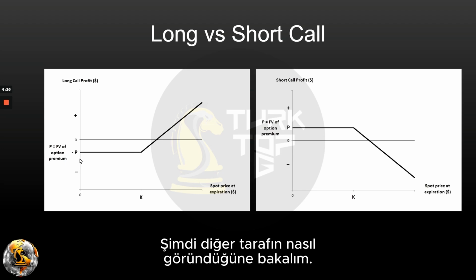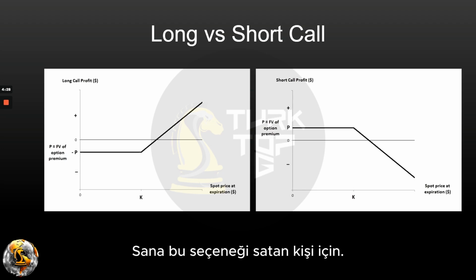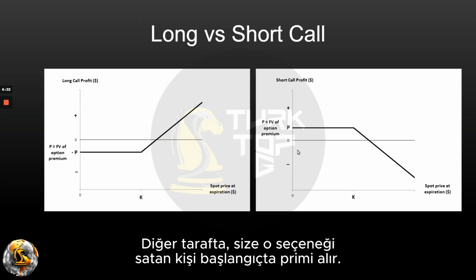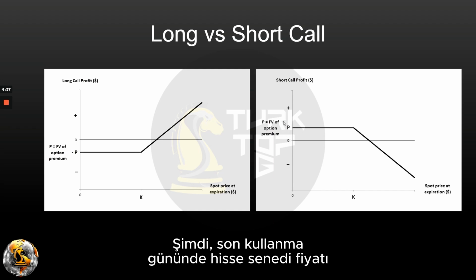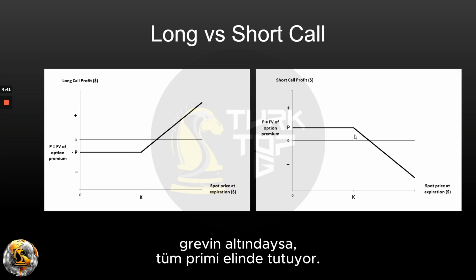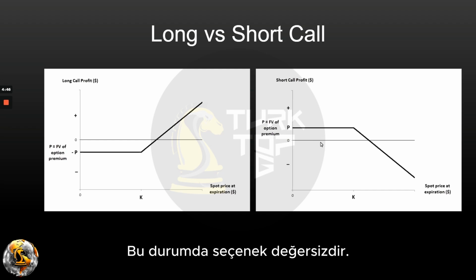Now let's see what the other side looks like, for the person who sold you that option. The person who sold you that option initially gets the premium. He gets to keep the entire premium if the stock price on the expiration day is below the strike, because in that case the option is worthless.